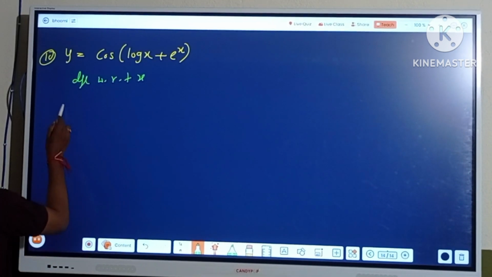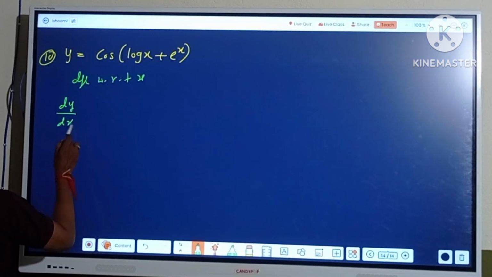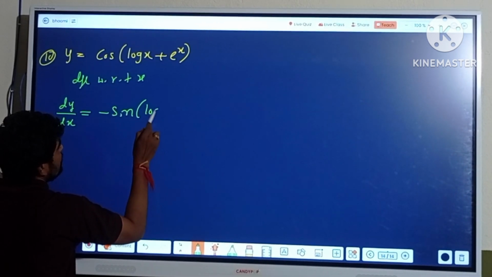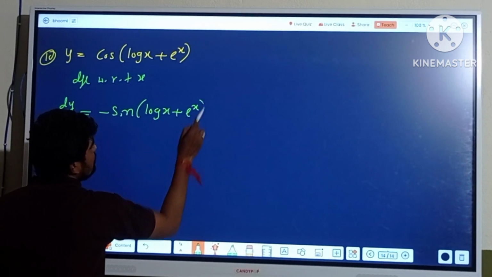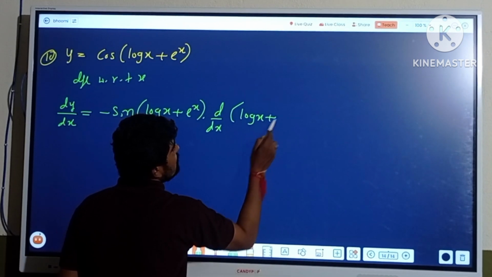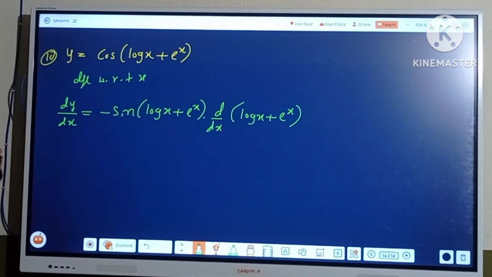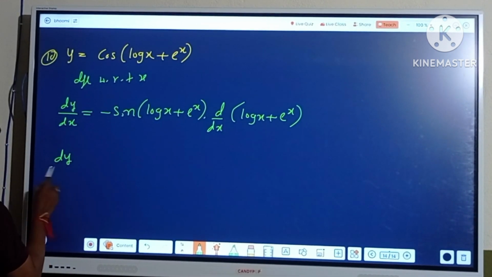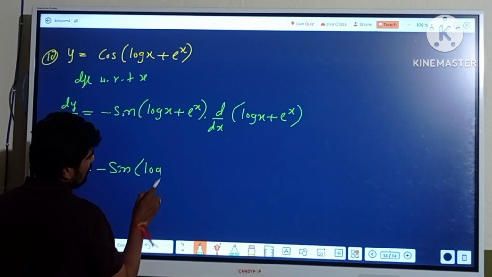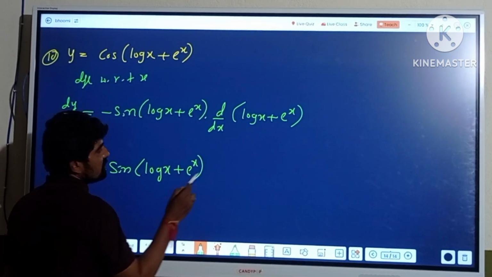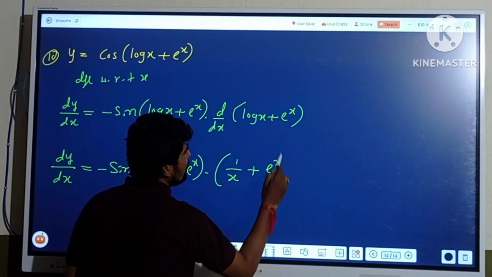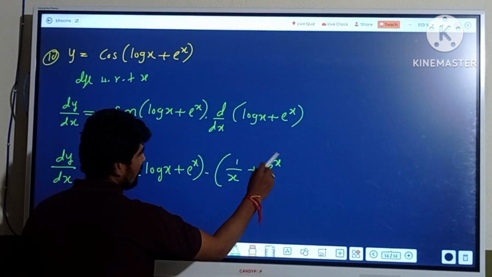The derivative of y with respect to x, dy by dx, equals the derivative of cos of something, which is minus sine of something, here log x plus e power x, into the derivative of something. So the something is log x plus e power x. Now dy by dx is equal to minus sine of log x plus e power x into the derivative of log x, which is 1 by x, plus the derivative of e power x, which is e power x.